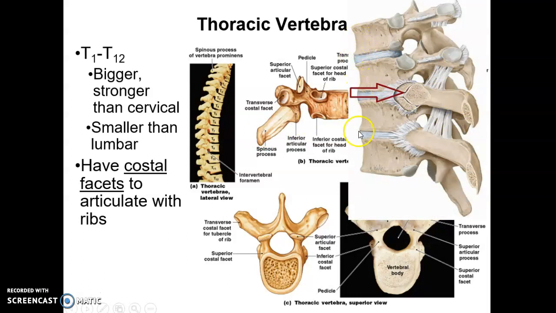So if we flip this around and have the spinous process to the right, there's the spinous processes. Here's the anterior part of the vertebra, the body. So you notice these areas in gray are the costal facets on the vertebra, and the head of one rib will come in and contact these two costal facets, and then as it comes back before it curves forward, part of the rib will attach to the transverse process.